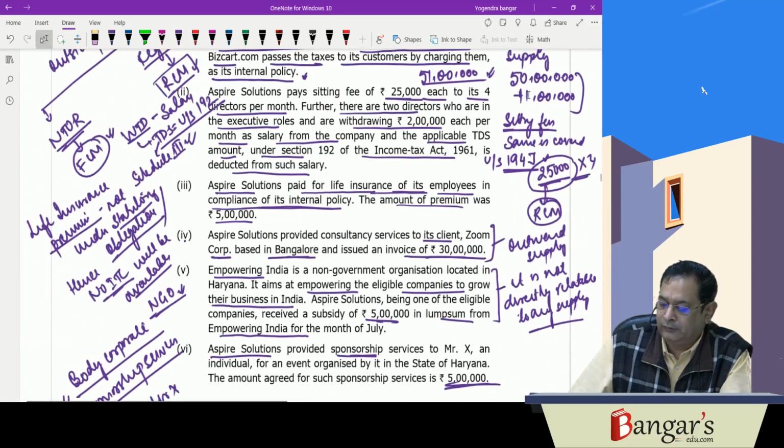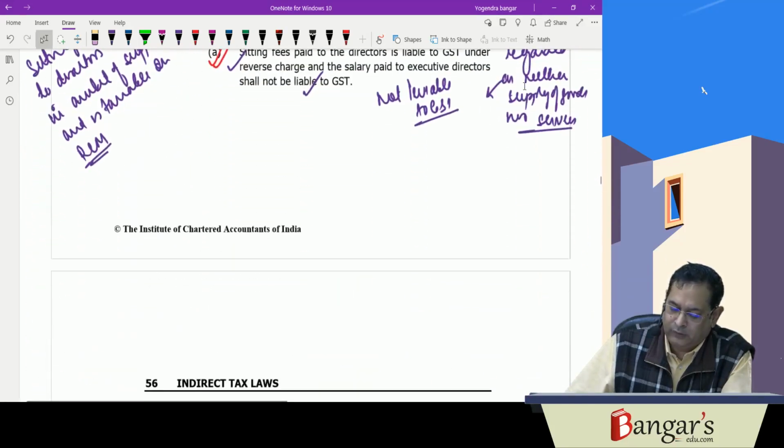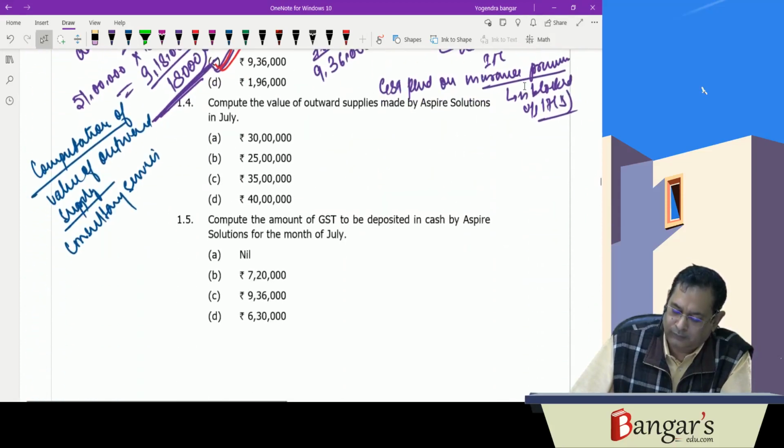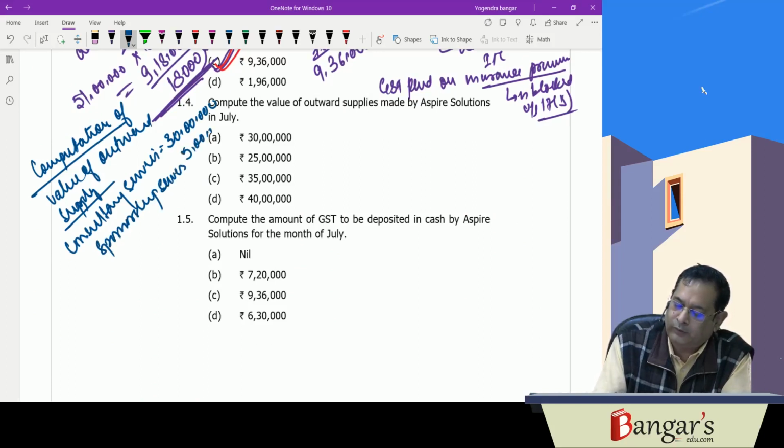Consultancy services is 30 lakh rupees. This subsidy from NGO will not be included in the value of supply. And one is sponsorship services, 5 lakh rupees. So it is consultancy services, that is 30 lakh rupees, and sponsorship services, that is 5 lakh rupees.